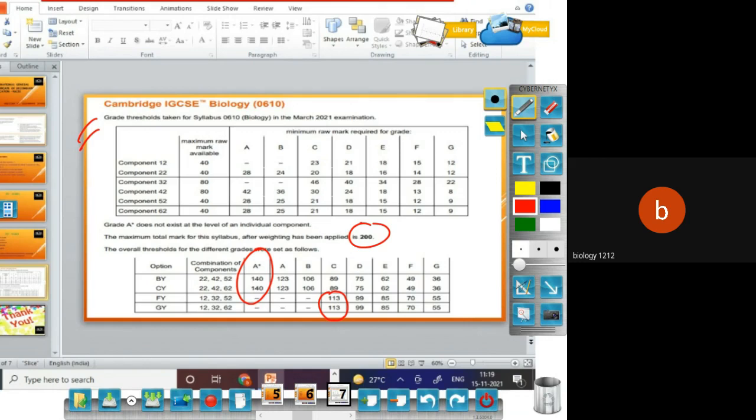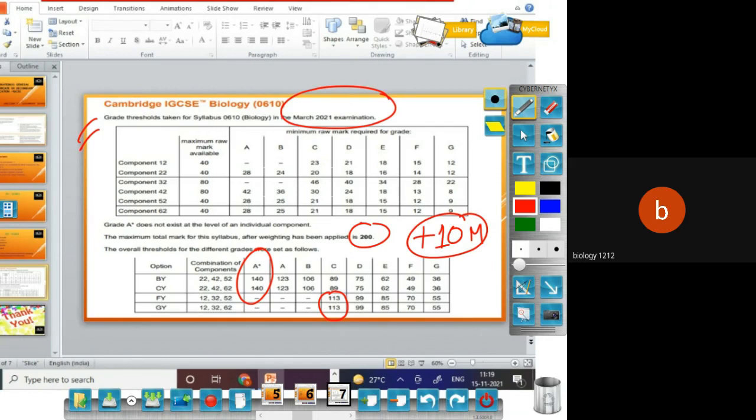So this was for your March 2021 examination. If you're writing the October, November, or 2022 examination, please keep the marks 10 plus above. These are only the grade thresholds for 2021.